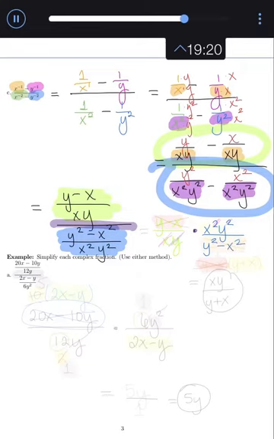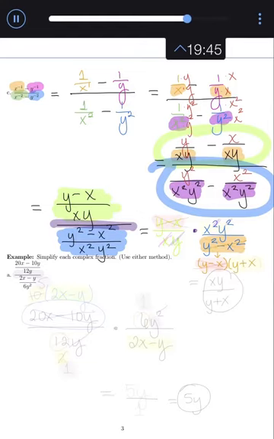Your only question once you hit this point, when you get multiplication, is: is there anything that factors? And there is only one thing that factors, and it's this y squared minus x squared because you have a difference of 2 squares. So this difference of 2 squares would factor out as a y minus x and a y plus x.